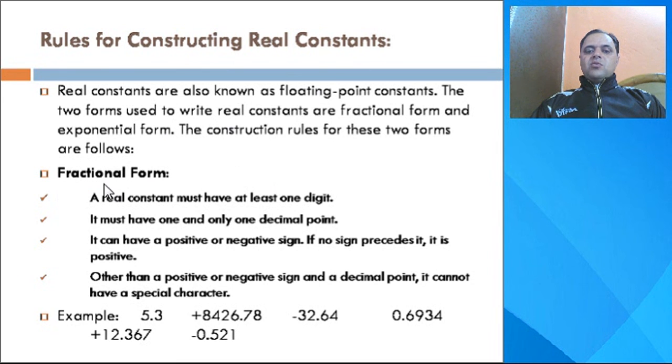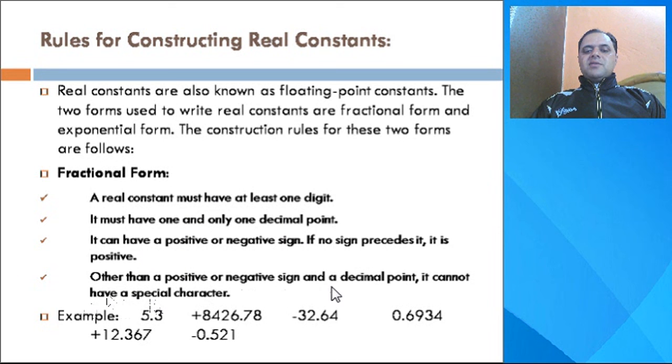The construction rules for fractional form: a real constant must have at least one digit. It must have only one decimal point. It can have a positive or negative sign. If no sign precedes, then it is positive.